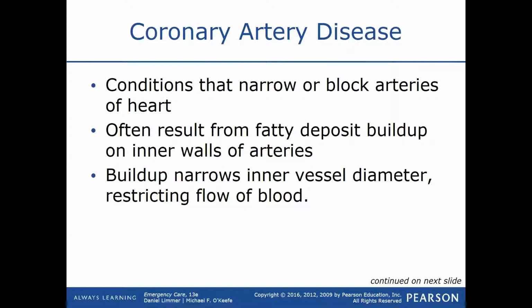And plaque really is like a layer of fat inside the vessels of your coronary arteries. And so the best way to think of this is that if you have coronary artery disease, your coronary vessels are like always constricted to an extent.